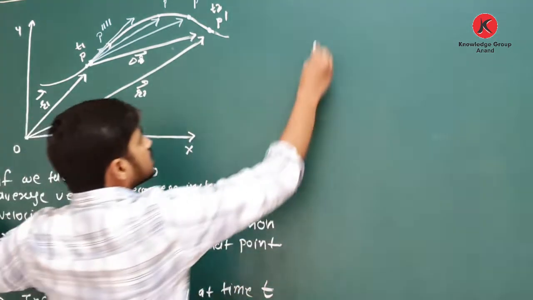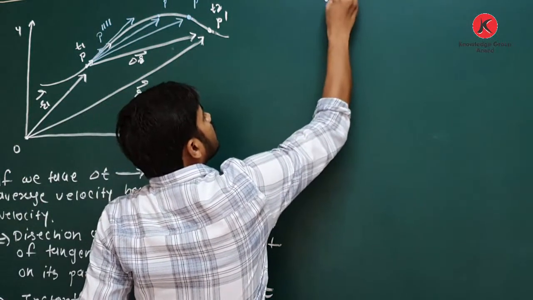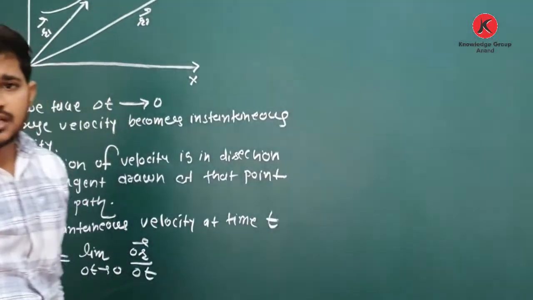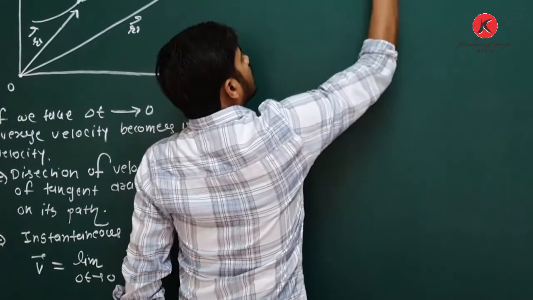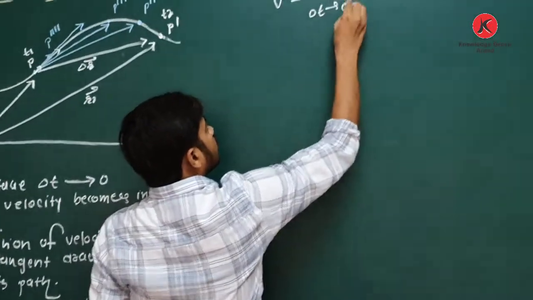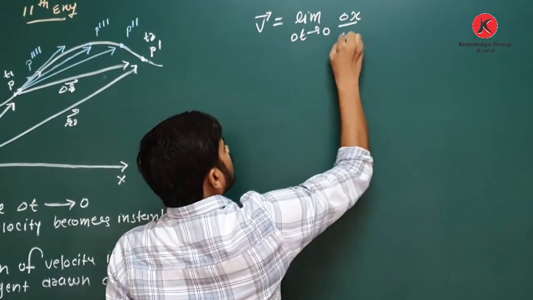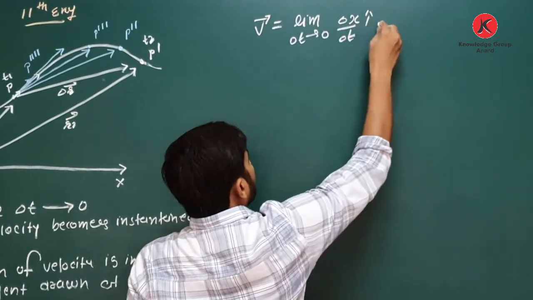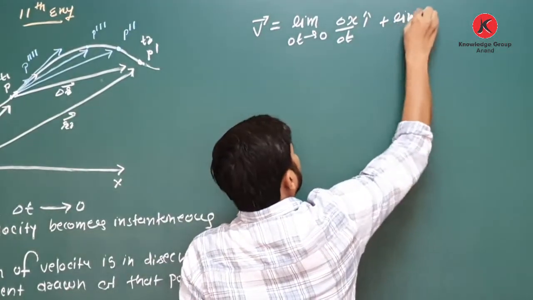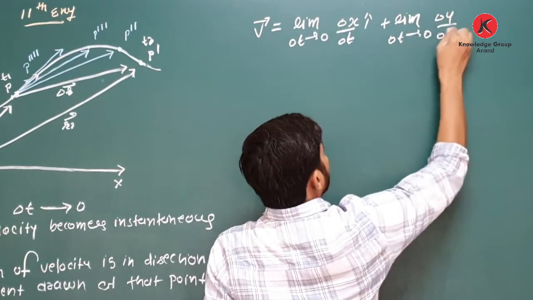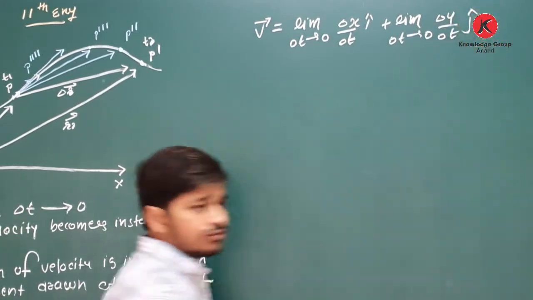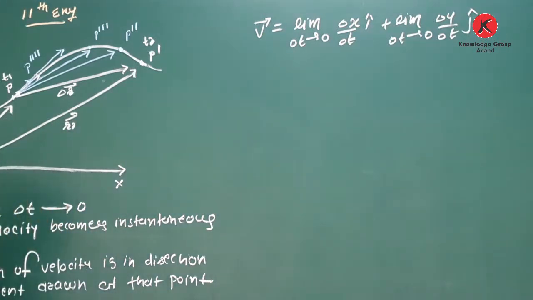How to write this? Vector V is equal to limit delta t tends to 0 of delta x upon delta t i caret, plus limit delta t tends to 0 of delta y upon delta t j caret. Because, students, we know that delta r is equal to delta x i plus delta y j.